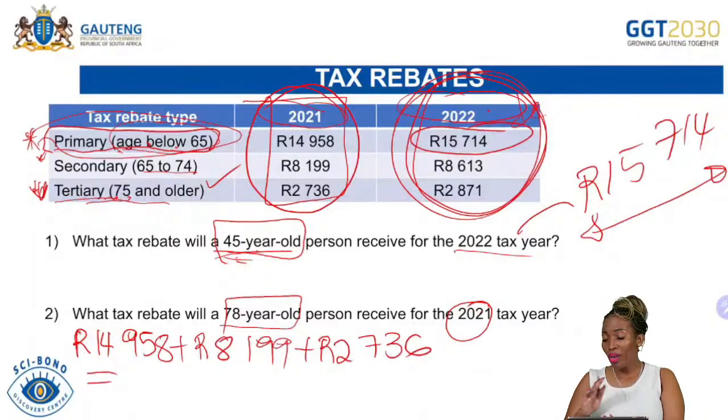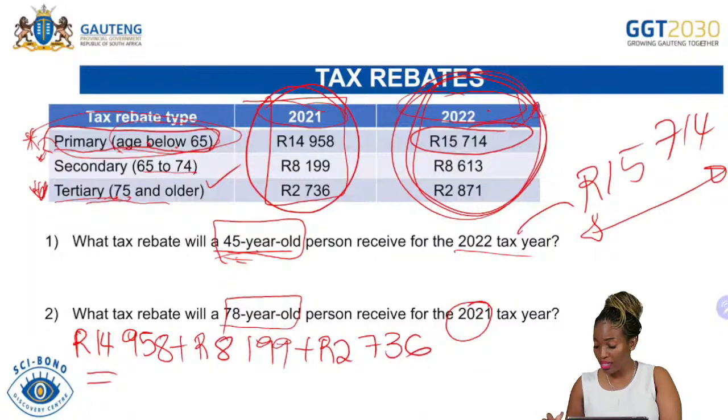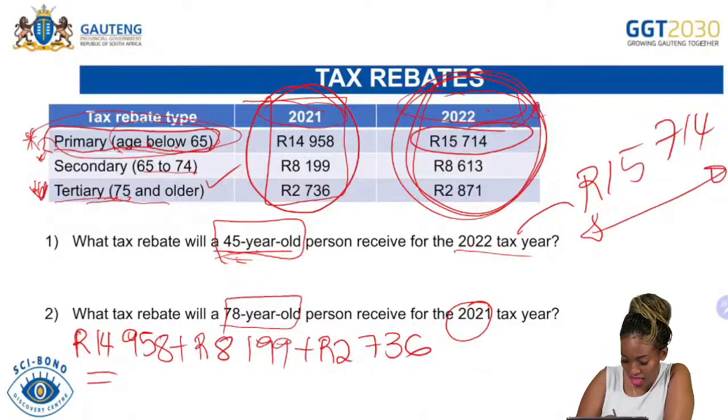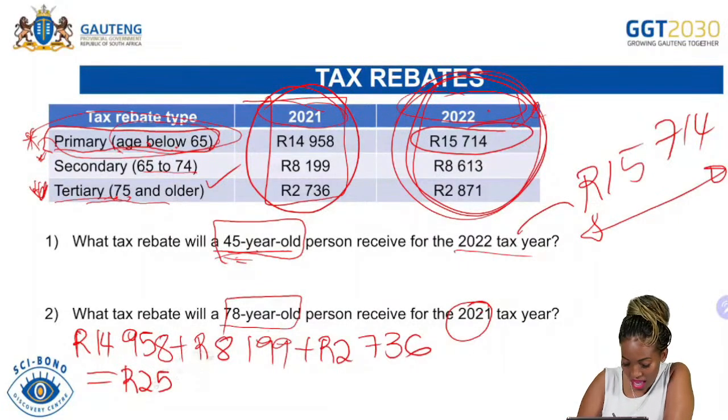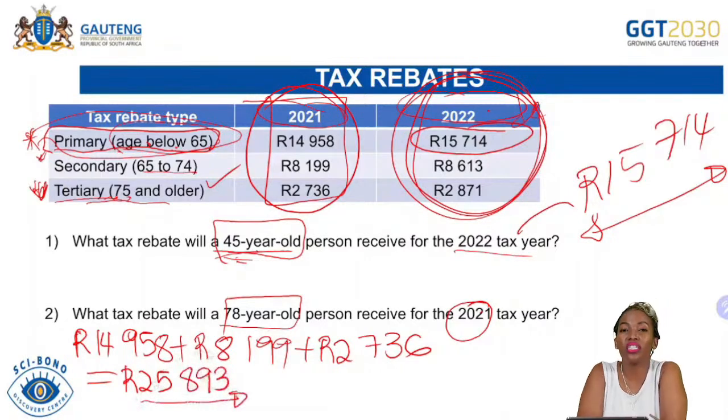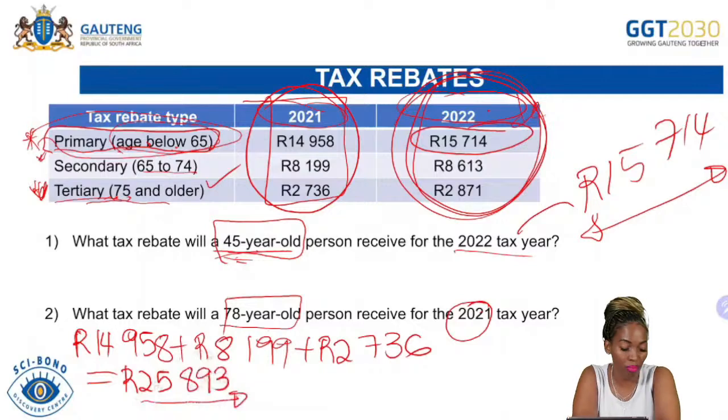In Maths Literacy, we are allowed to use our calculators all the time. So it's 14,958 plus 8,199 plus 2,736. And the answer that I'm getting there is 25,893. So this is the total rebate that this person is going to receive.